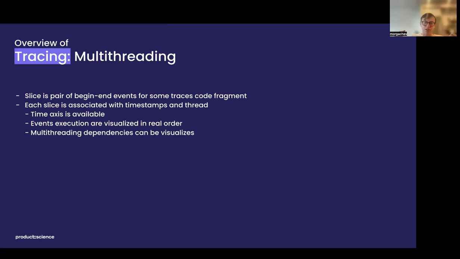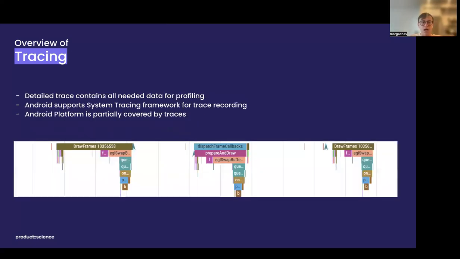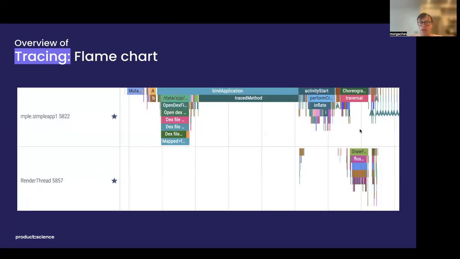So we have the real state of the application. And it allows us to really investigate multi-threading dependencies. So for example, when Android records a slice for the choreographer, it's when a new frame is drawn.